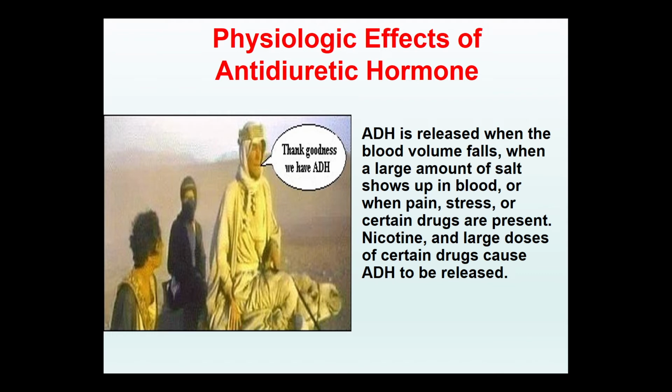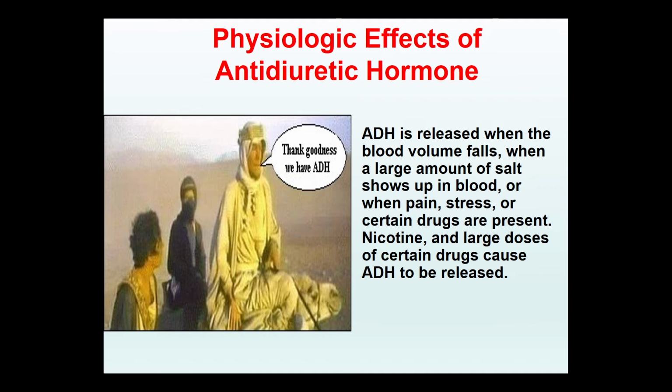In the absence of antidiuretic hormone, the kidney tubules are virtually impermeable to water and it flows out as urine.